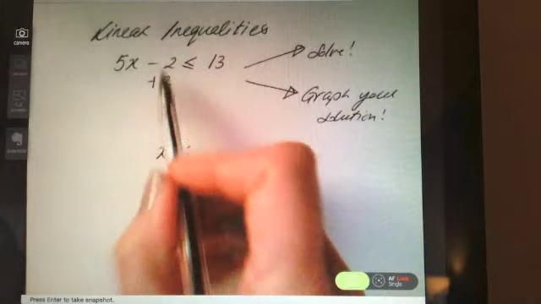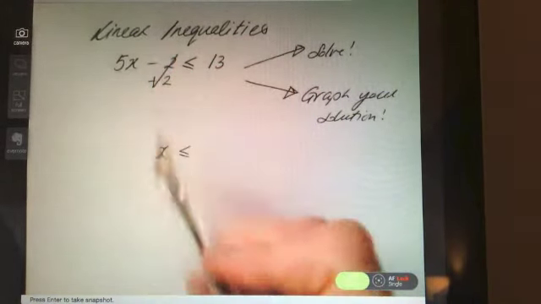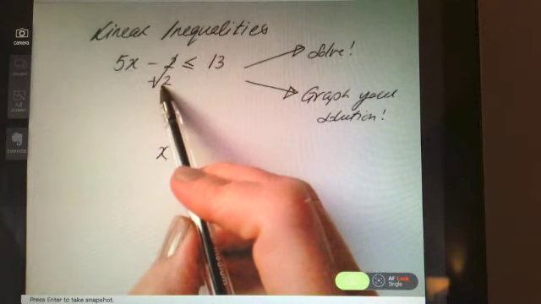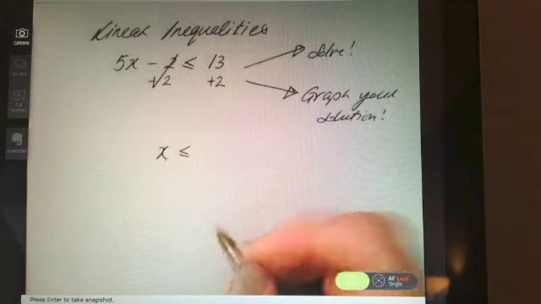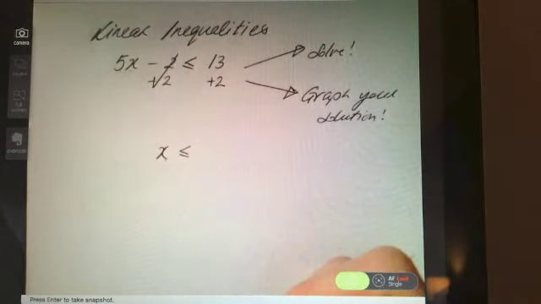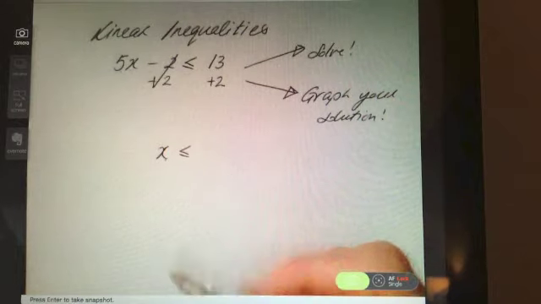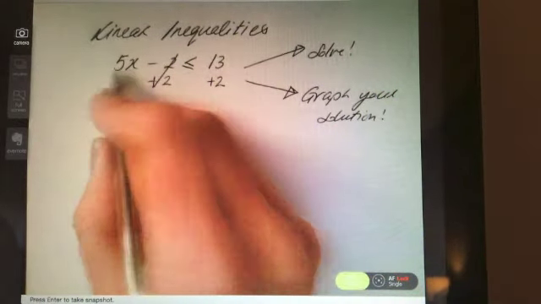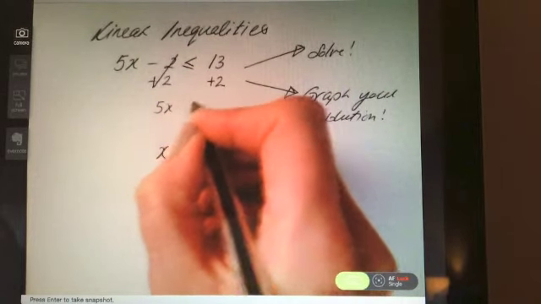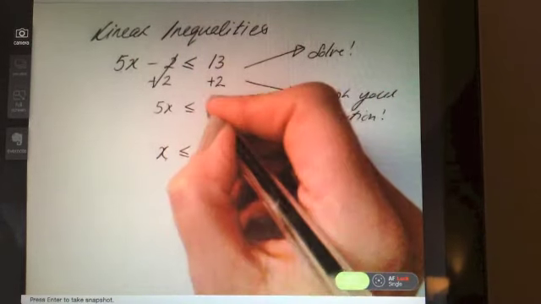If you add 2 to this left-hand side, that will get rid of minus 2. Minus 2 add 2 is nothing. So if I add 2 on the left-hand side, though, like an equation, I would have to add 2 to the right-hand side, because what you do to one side, you must do to the other. So same idea here. So if I add 2 here, I've got to add 2 here, which leaves me with the 5x still. And 13 add 2 is 15.